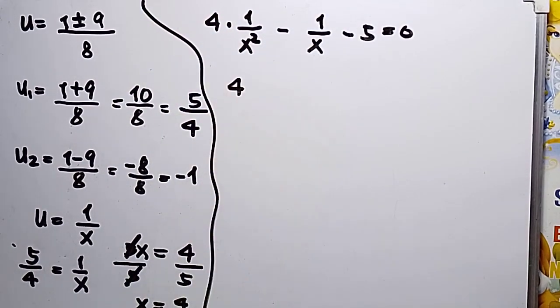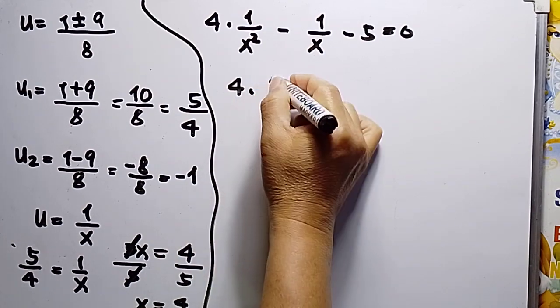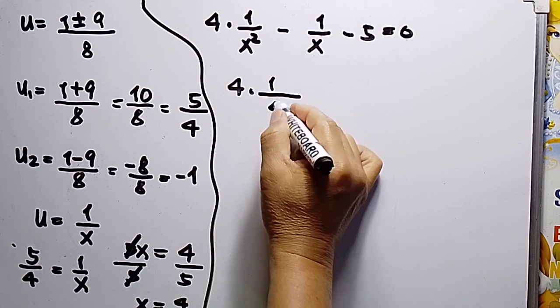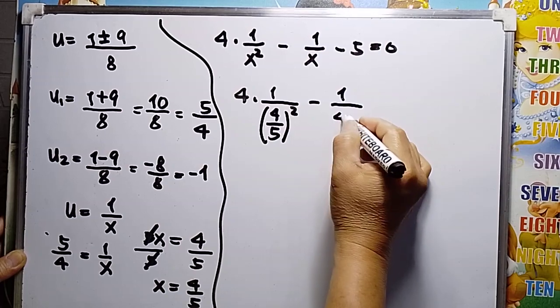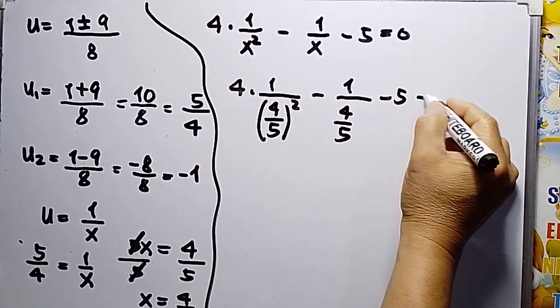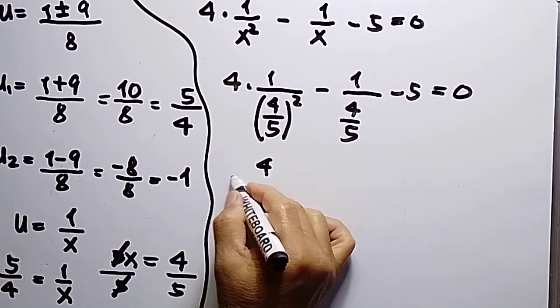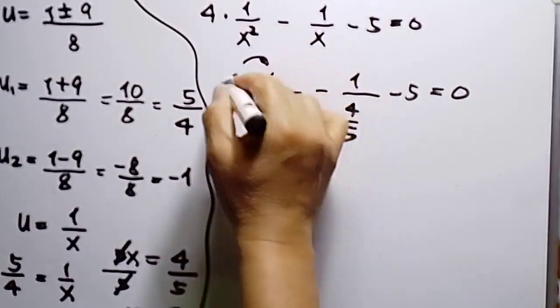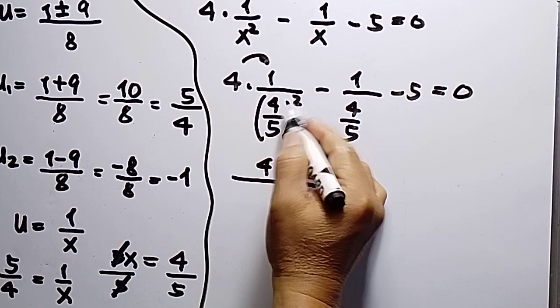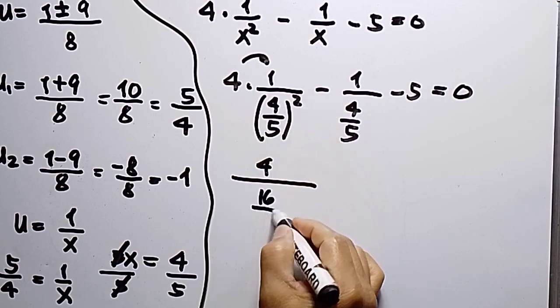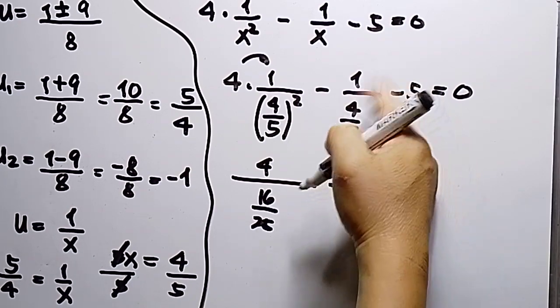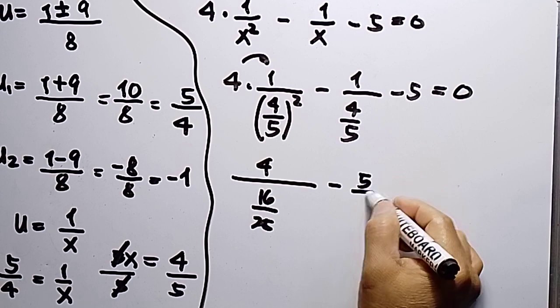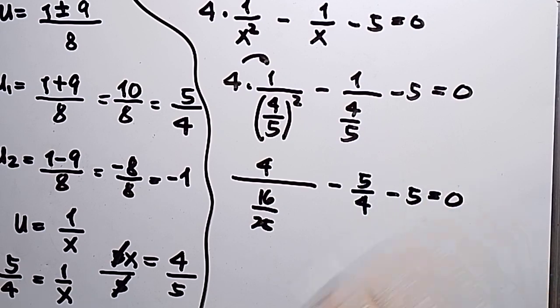So this will be 4 times 1 over (4 over 5) squared, minus 1 over 4 over 5, minus 5 equals 0. I just multiply: 4 times 1 is 4. 4 squared is 16, 5 squared is 25. Then, to simplify this complex fraction, this will be 5 over 4. Then minus 5 equals 0.